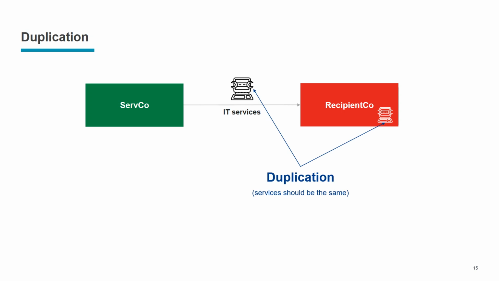So assume that the recipient company decides to migrate all IT activity to a service company, and then for some period of time the IT support will be provided by the recipient company itself, I mean by the local IT personnel, and also by a newly established team in the service company, just because they need to operate simultaneously to ensure that this new IT team is properly trained.